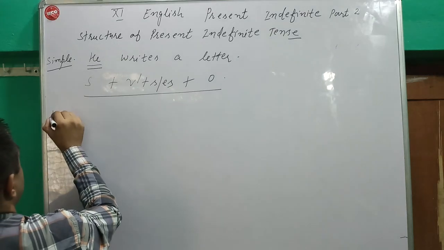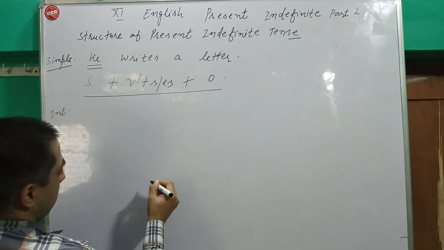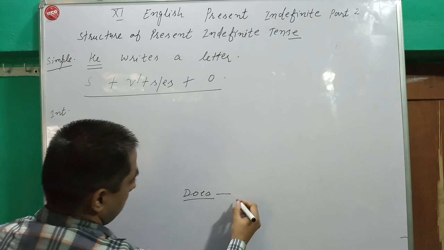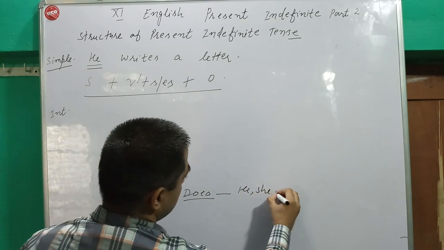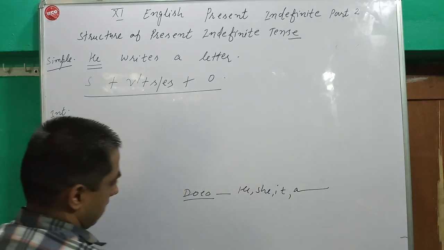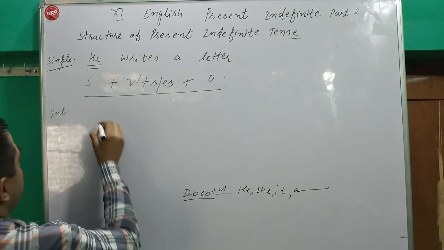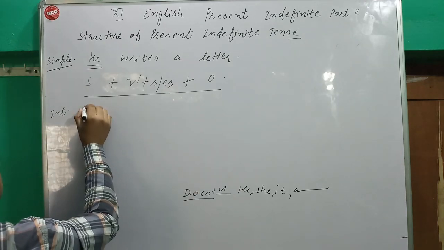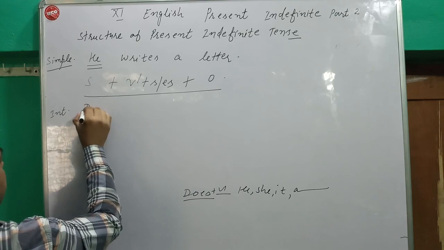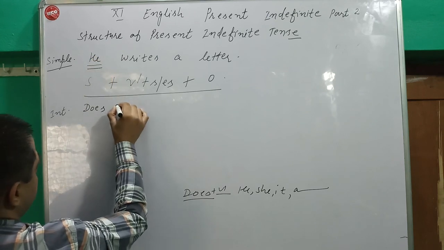After that, interrogative. You know very well that we can use does when the subject is he, she, it, any name, or any singular thing, along with the first form of the verb. Interrogative sentences start with a helping verb, and the helping verb here is does, because the subject is he.